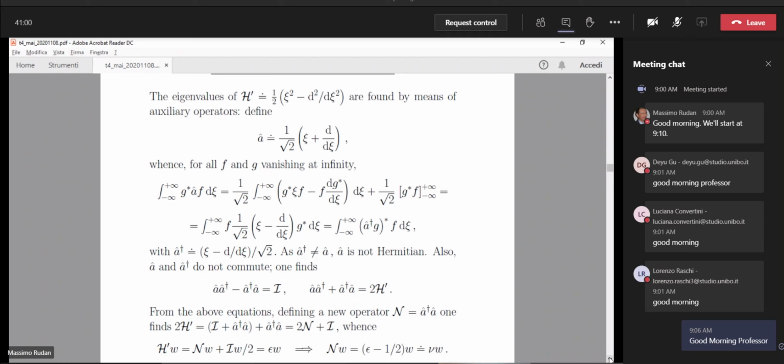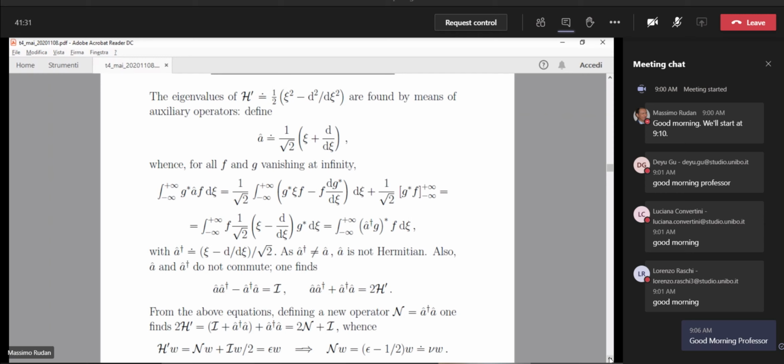So we are left with the integral of another operator, that is the operator that is similar to a but with the minus sign instead of the plus sign. And this operator is called a dagger. So by this calculation, you see that if we start with a applied onto f, we end up with a dagger applied onto g.